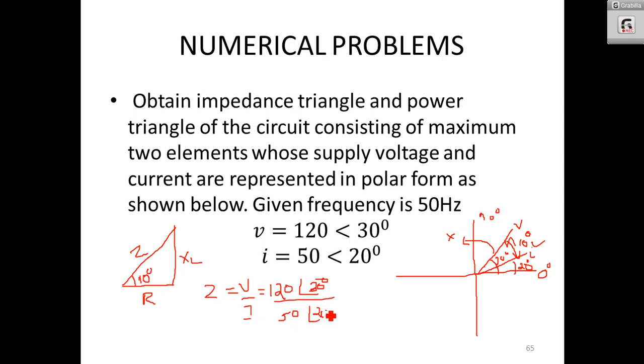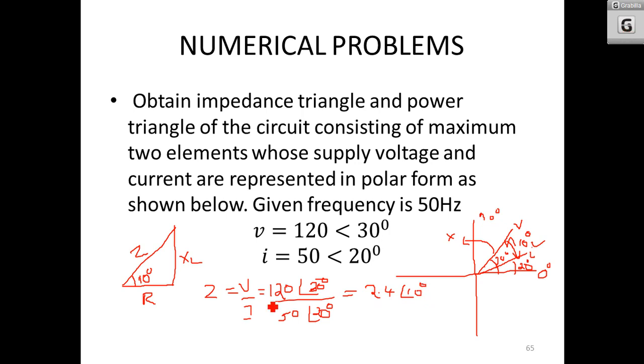Therefore, what is the answer? 120 by 50, it is 12 by 5, that is equal to 2.4 at an angle 30 minus 20, it is 10 degree.